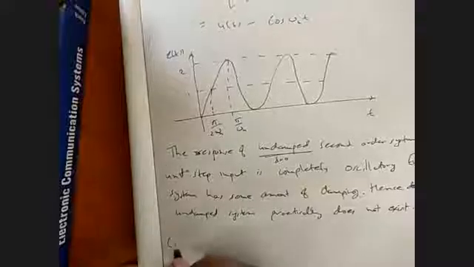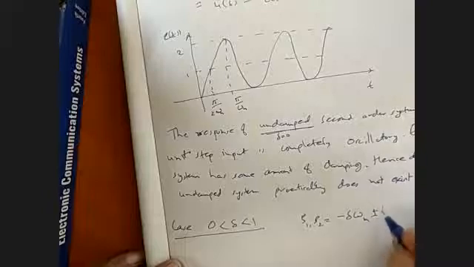Then the second case, when delta is between 0 and 1. So when delta is between 0 and 1, we know that S1 and S2 will become minus delta omega n plus minus j omega d. Omega d is omega n under root 1 minus delta square.